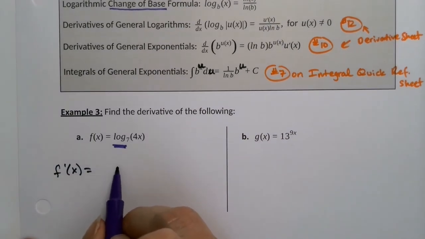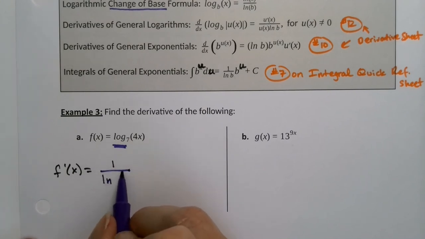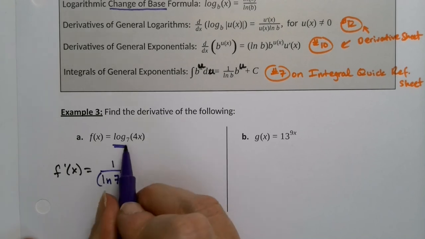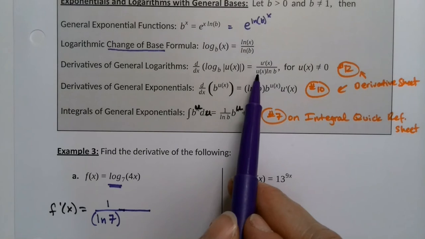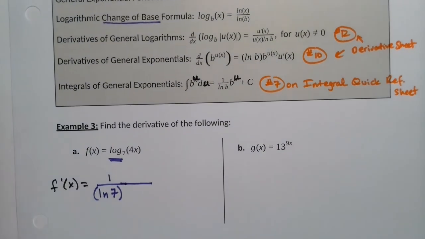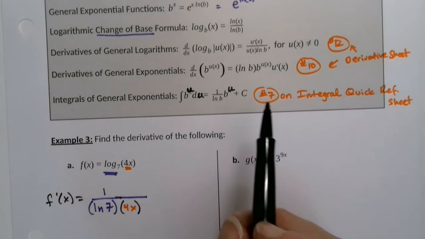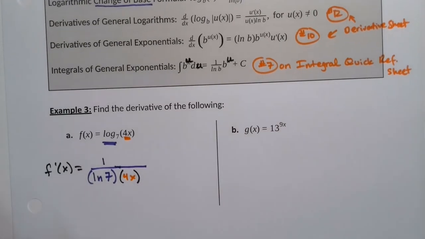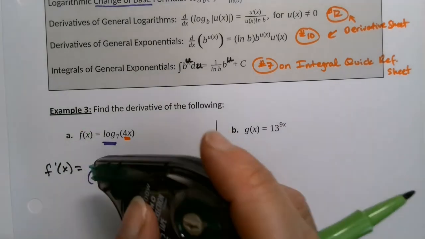So I'm going to say it's 1 over the natural log of b, which for me is 7. That's my natural log. And then down in that denominator, I'm going to put my u of x, and my u of x is 4x. It's right here. And then in the numerator, I'm going to put u prime of x, and u prime would be 4.